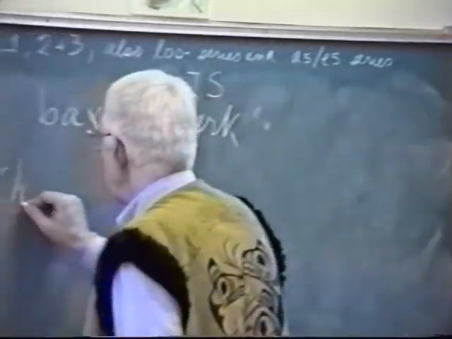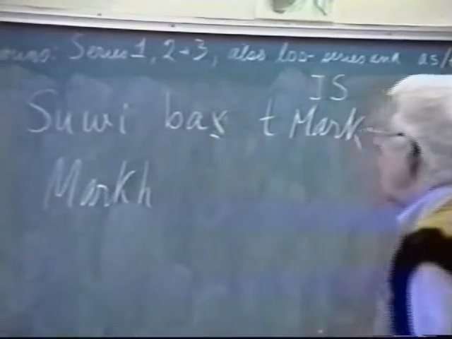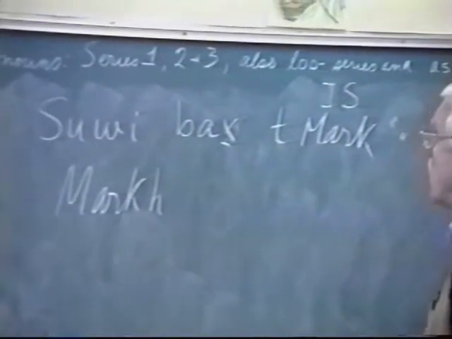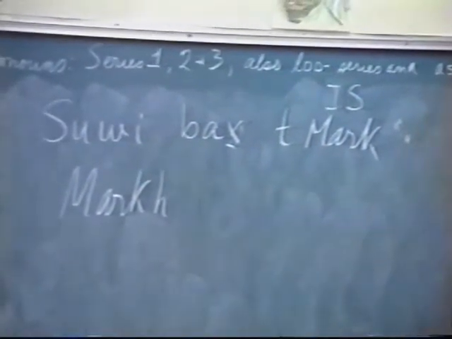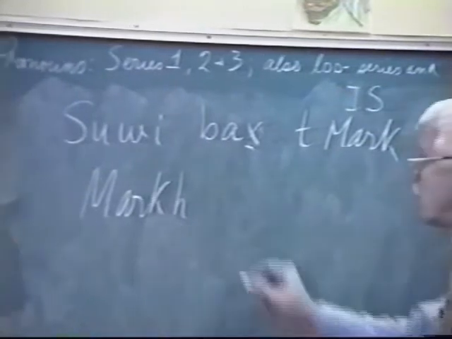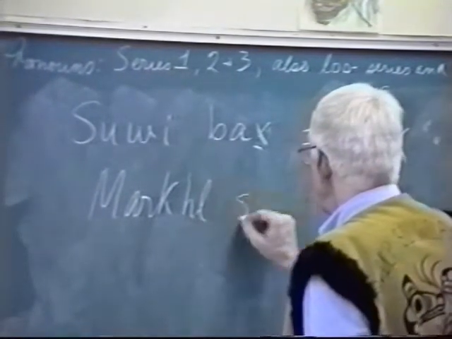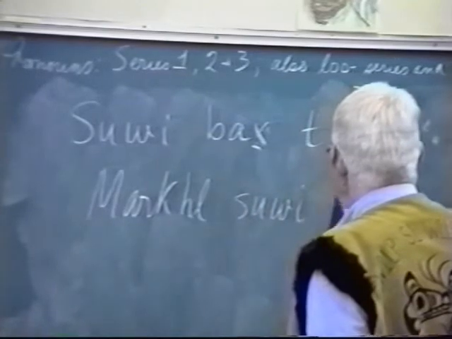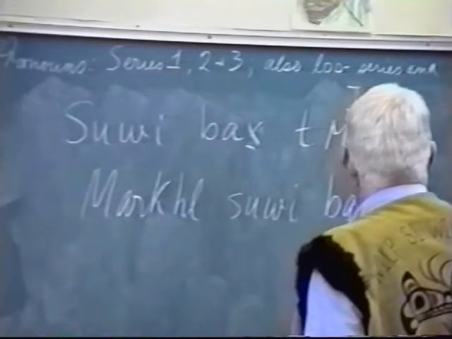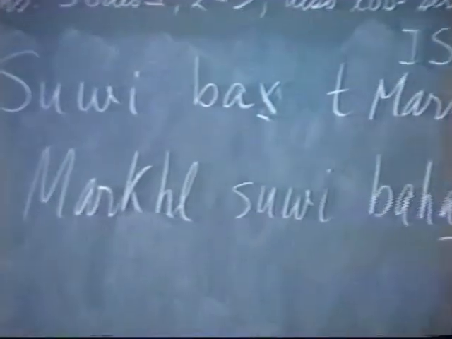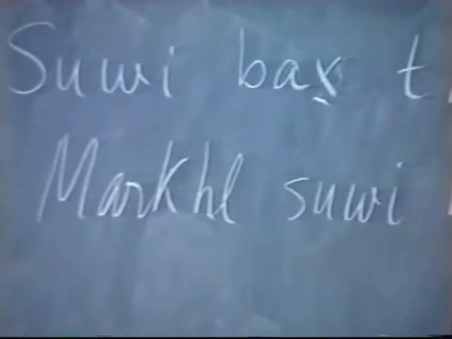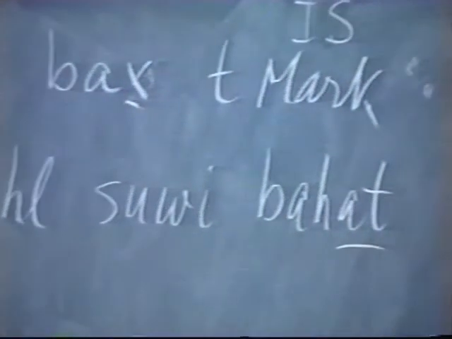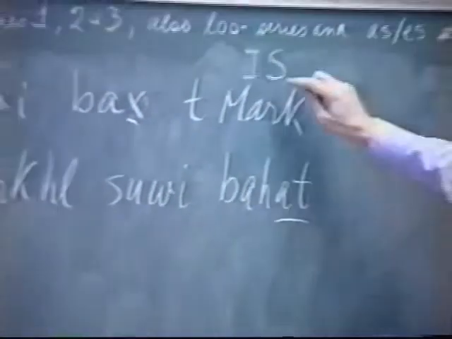So I would reply to the question, Sui Bahat, who ran away? I would say Mark Sui Bahat. We had several examples. I won't go over those, but that's what happens.